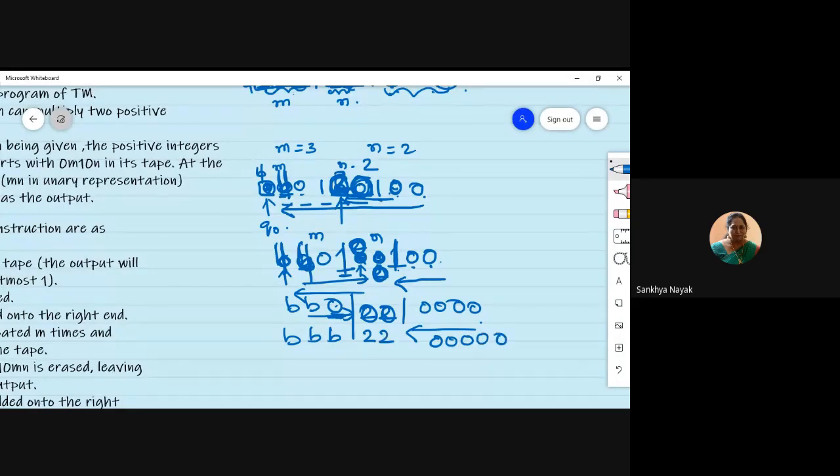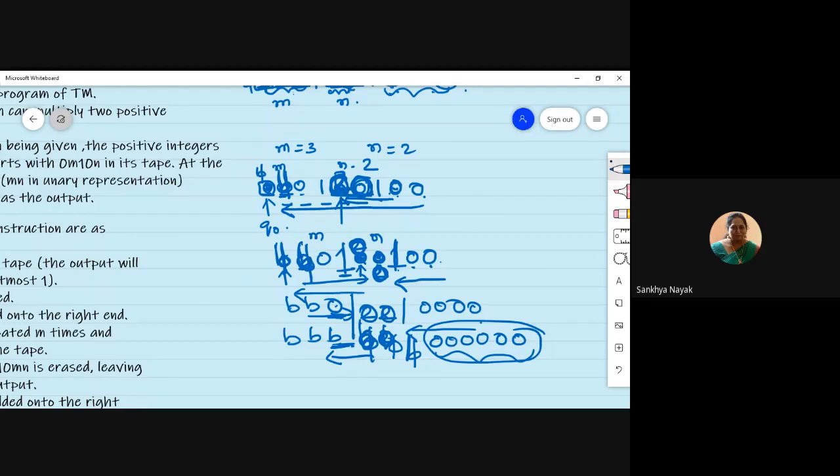Copy that. Make this as 2. Copy that and come back. Okay. And when I come back, I'll make this as 0 and come back. But here no more zeros are there. Since no more zeros are there, I am also going to make these all blanks so that only the result remains. That is the logic we are going to use.